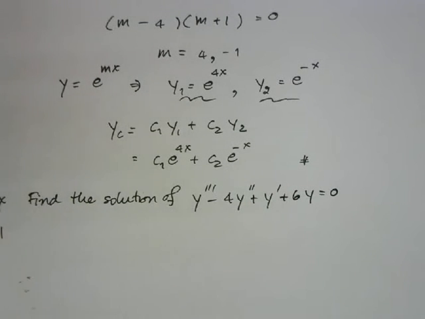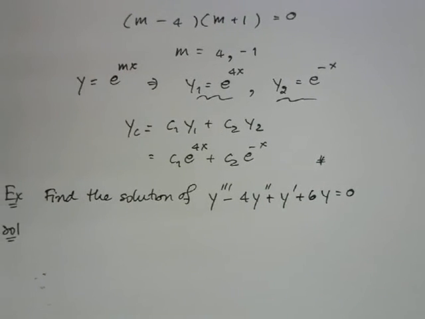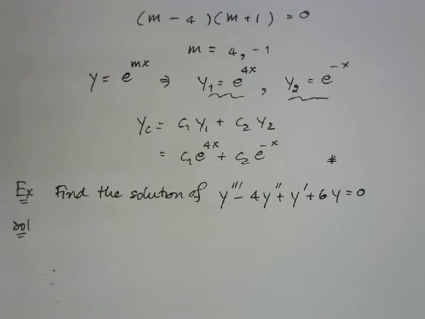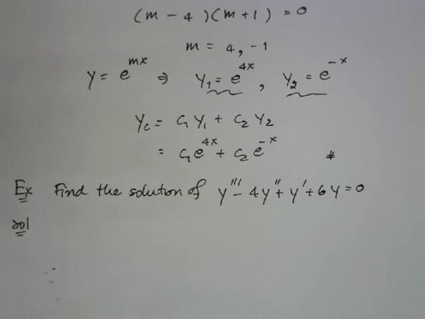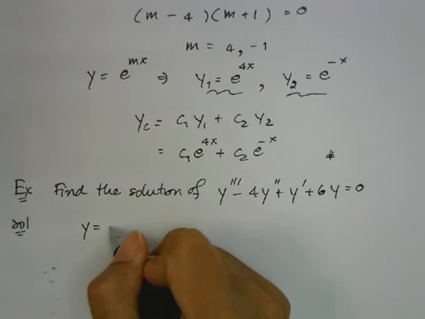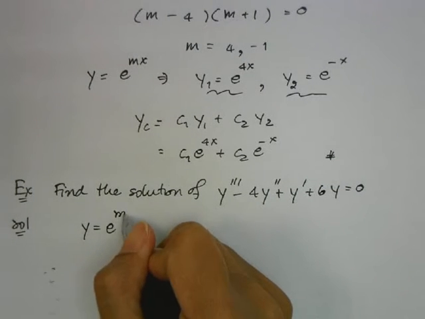This is the third order homogeneous differential equation. From this one, how many values of m would you be able to find? 3 values of m, right? Because it's the third order. So the way to find the solution is that you assume y is equal to exponential of mx.